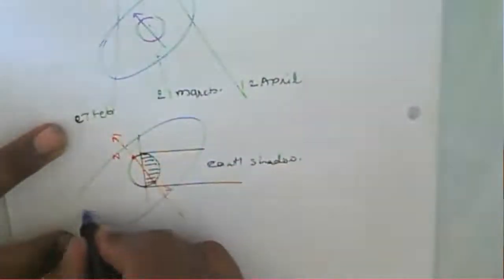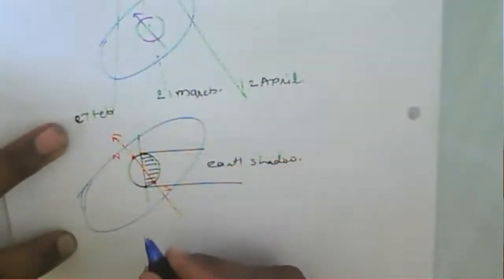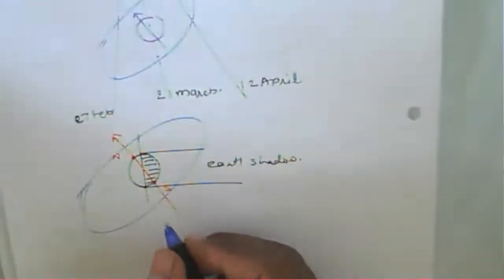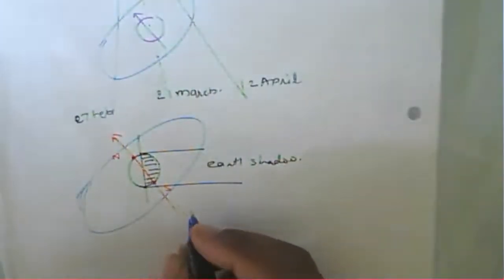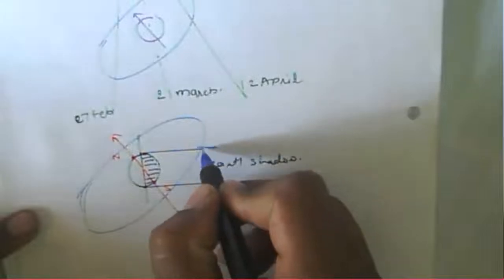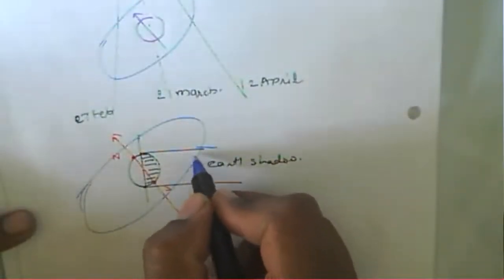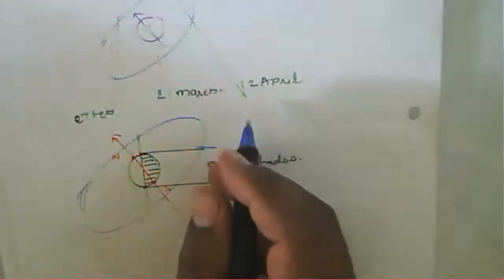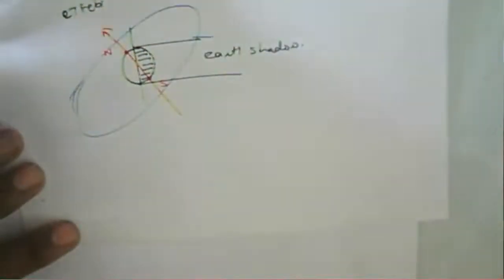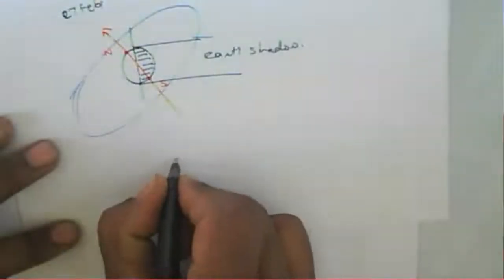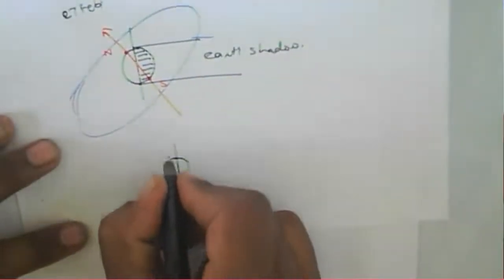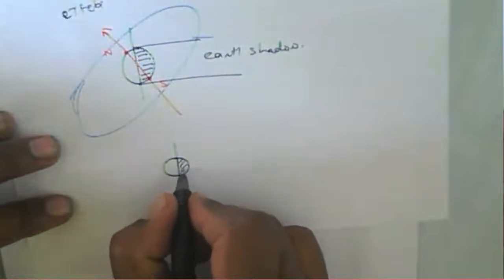This one is the Earth shadow. If the satellite orbit is like this, then only in that region, if the satellite is rotating around, does the eclipse occur.